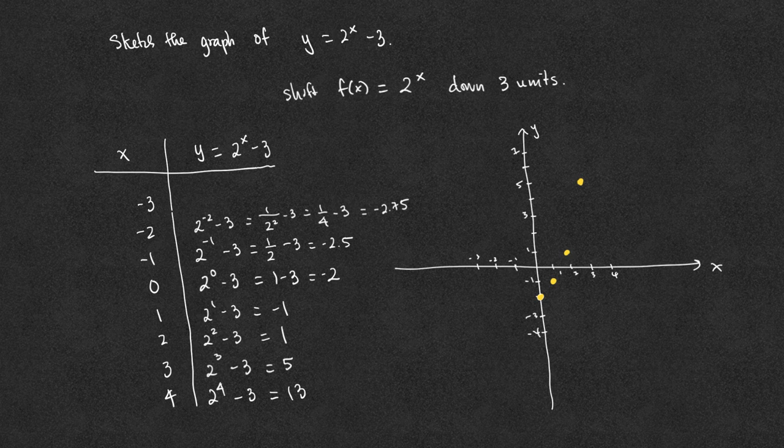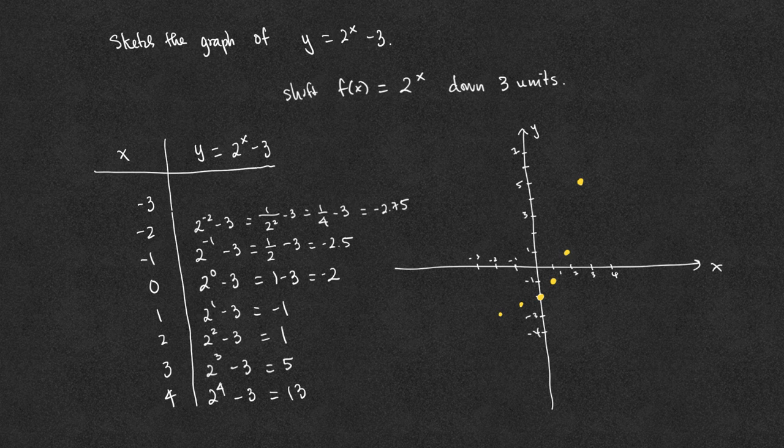And when x equals 4, y equals 13, we're going to omit that ordered pair because we would need to go all the way up. When x equals negative 1, y equals negative 2.5. Be careful with the decimal numbers. When x equals negative 2, y equals negative 2.75, which is not negative 3 yet.